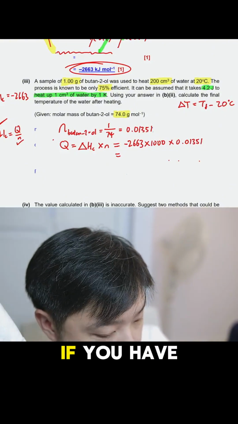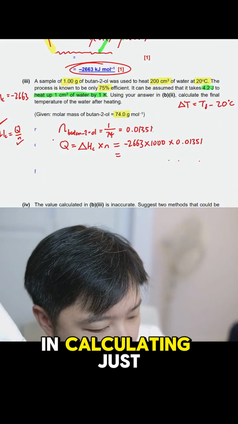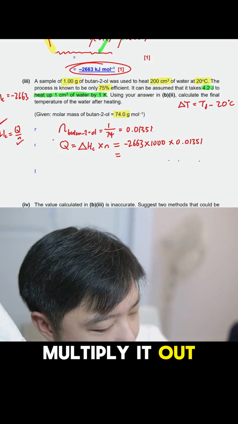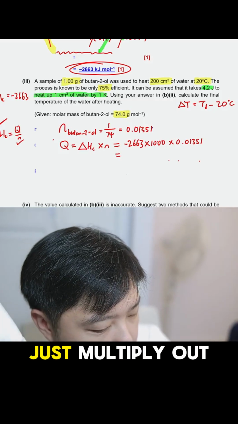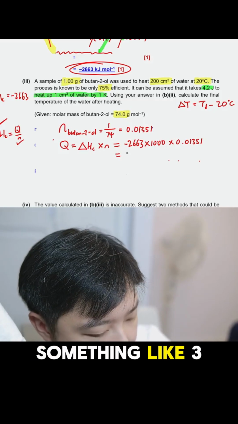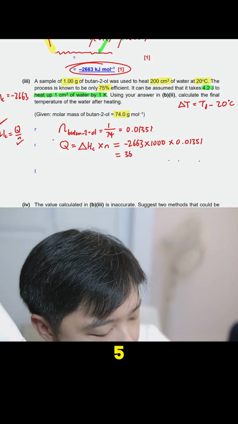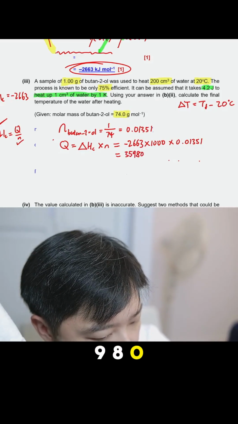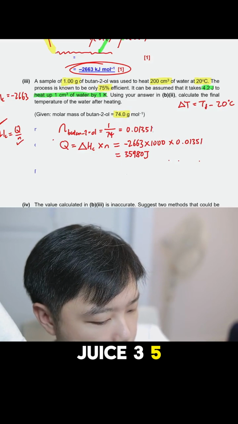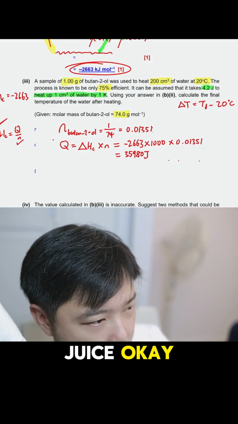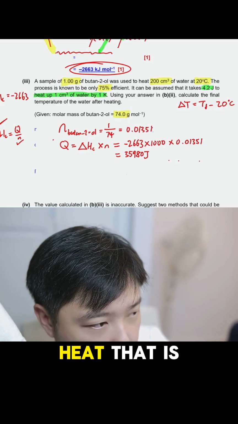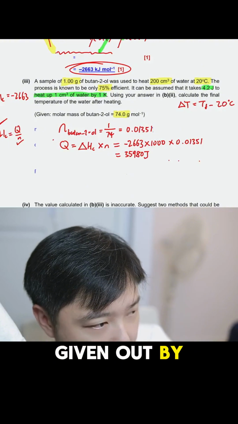As usual, if you have a calculator, do join me in calculating. Just multiply it out, you should get something like 35980 joules. So that is your quantity of heat given out by combustion.